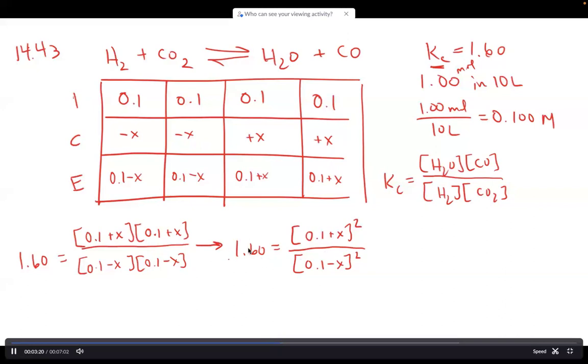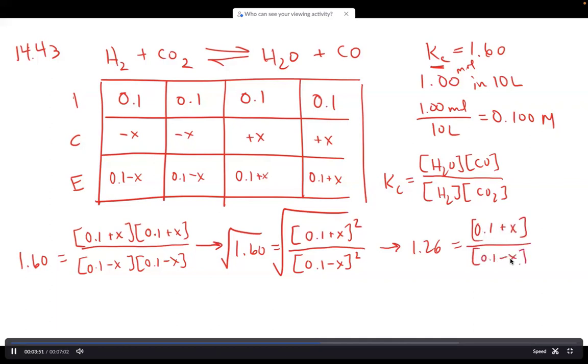The square root of 1.6 is 1.26. So that equals (0.1 plus X) divided by (0.1 minus X).